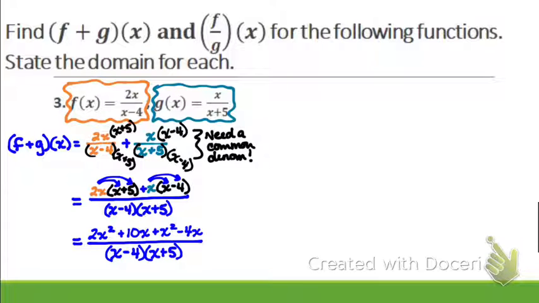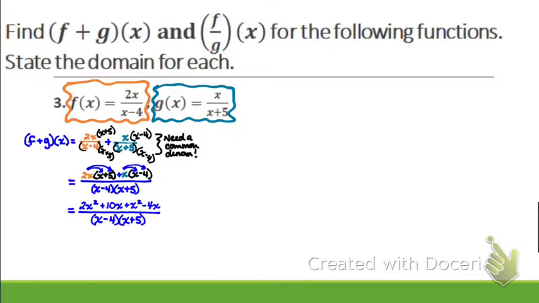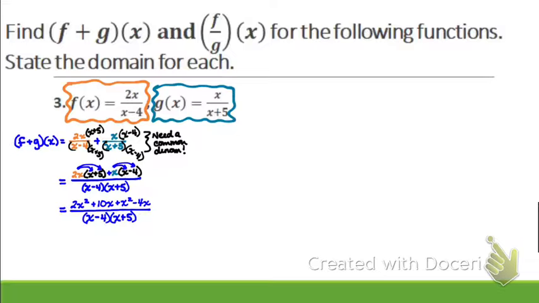Can we simplify that numerator at all? Yes. How will that numerator simplify? 3x squared plus 6x. Over our common denominator.